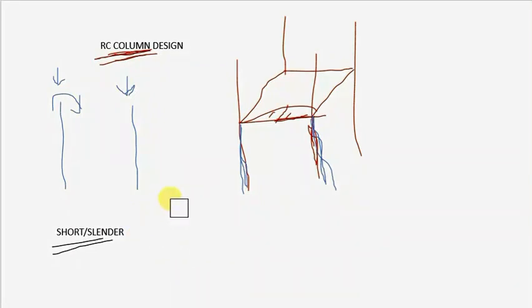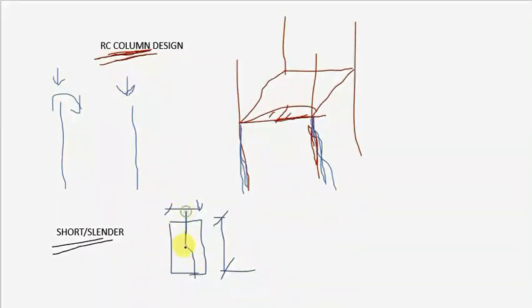Say you have a cross section, a 200 by 400 column. This 400, then you also have a 200.